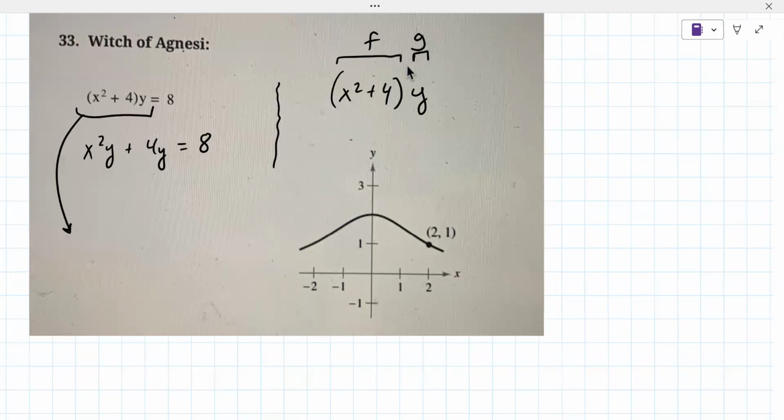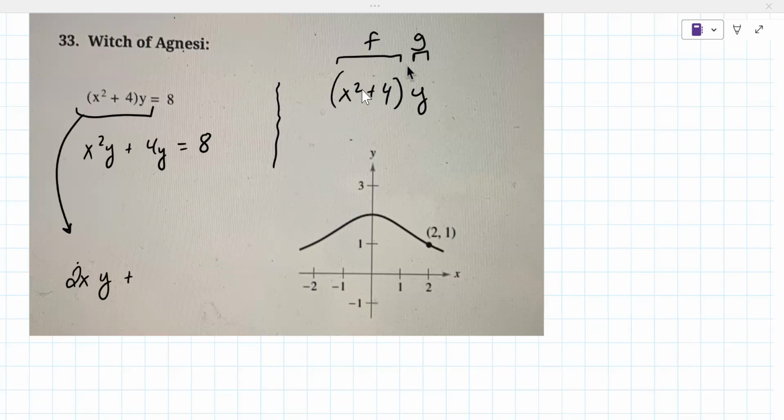So isn't it just, oh, wait. It's 2x. Isn't it just 2xy, and then... Right, so that's the derivative of the first times the second.